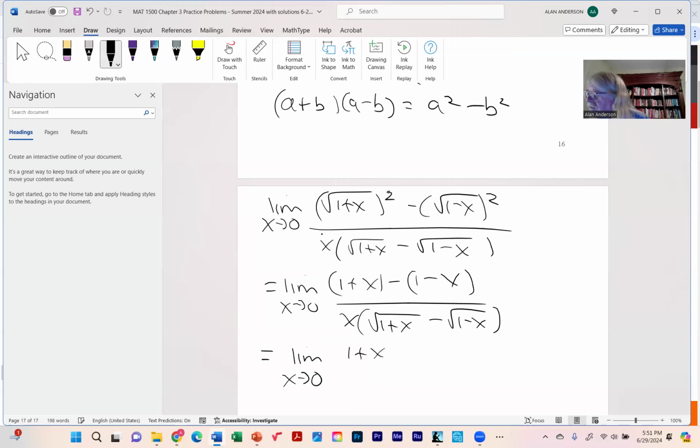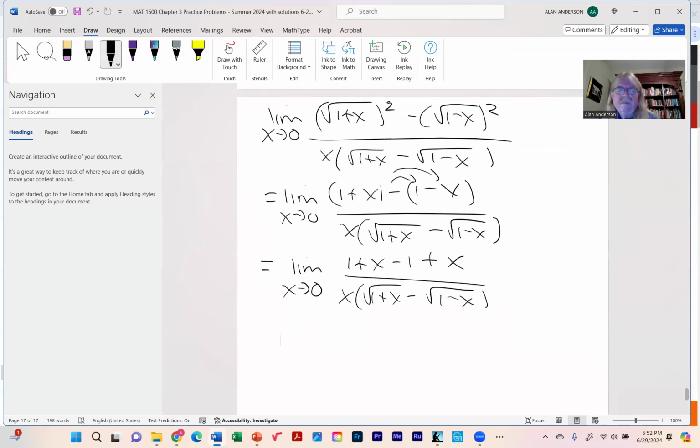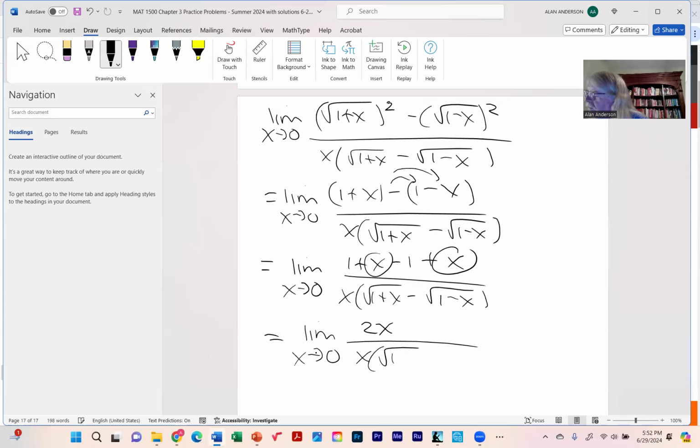Now, when I drop these parentheses, I'm distributing this negative across both of these terms. Do not overlook that. What is the numerator reduced to? It looks like we have 2x, which is nice because that cancels out.